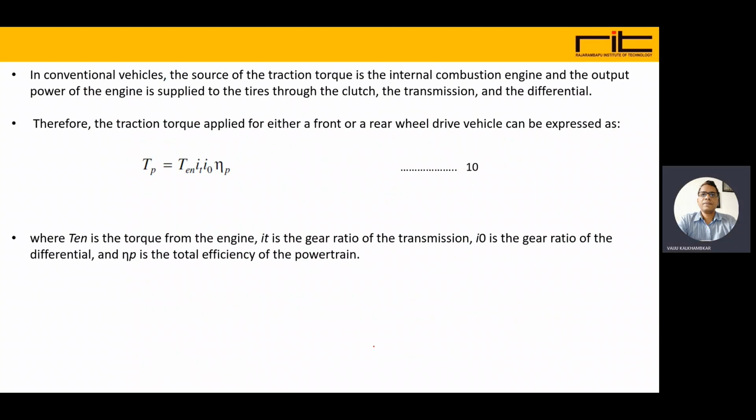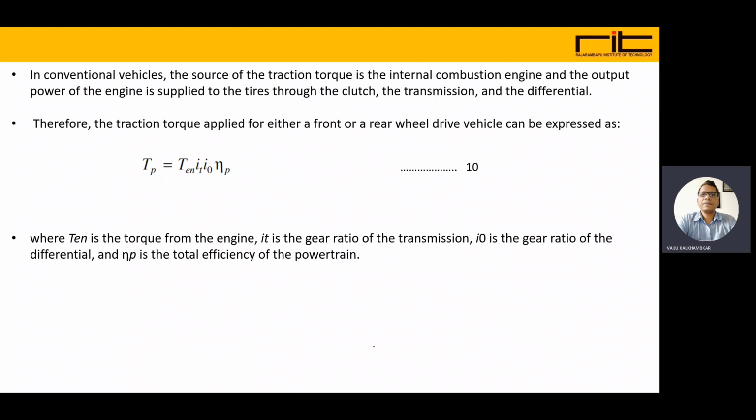In conventional vehicles, the source of the traction torque is the internal combustion engine, and the output power of the engine is supplied to the tires through the clutch, the transmission, and the differential gear.